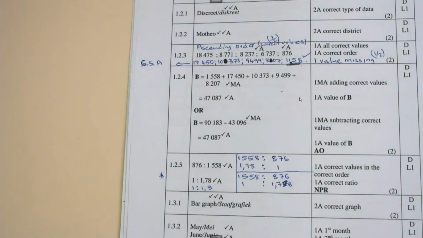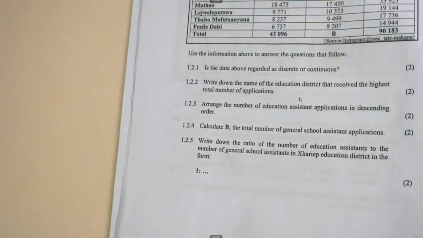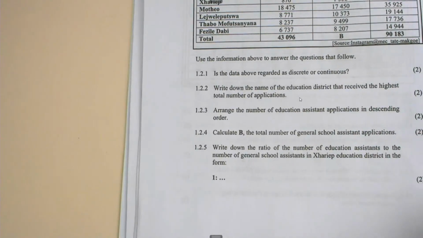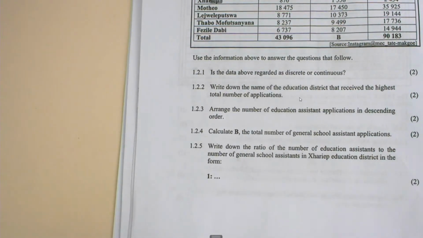Now we move into question 1.2.5. It says, write down the ratio of the number of education assistants to the number of general school assistants in Karib Education District in the form 1:. Now you are given the form in this case, so your answer should be 1: something.